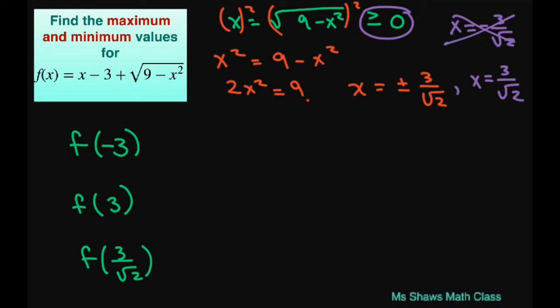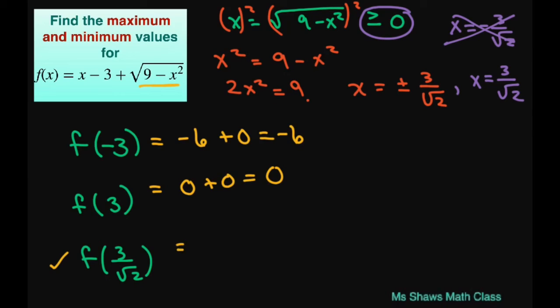So f of negative 3. Let's see what we get with that. This is going to be negative 6 plus this part here is just going to be 0, so you get negative 6. For 3, we're going to get 0 plus 0, so that's just going to equal 0. And then for this one, we're going to get 3 divided by square root of 2 minus 3 plus square root of 9 minus 9 divided by 2.